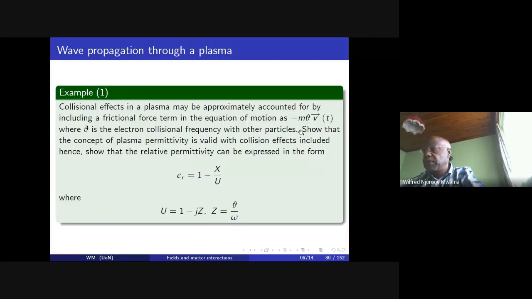Therefore, we look at an example of that, and at the collisional effects in a plasma, which may be accounted for by including a frictional force term in the equation of motion as minus m theta v, where theta is the electron collisional frequency, how many times the electron collides per unit time with other particles.